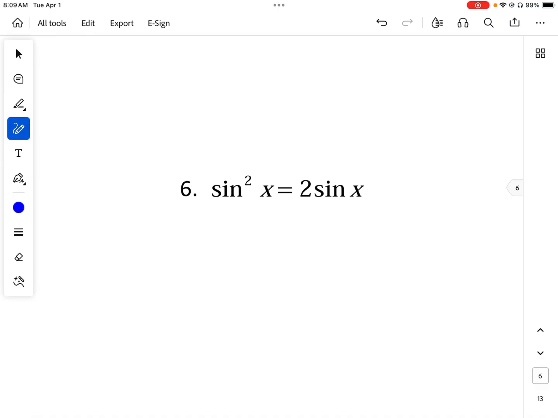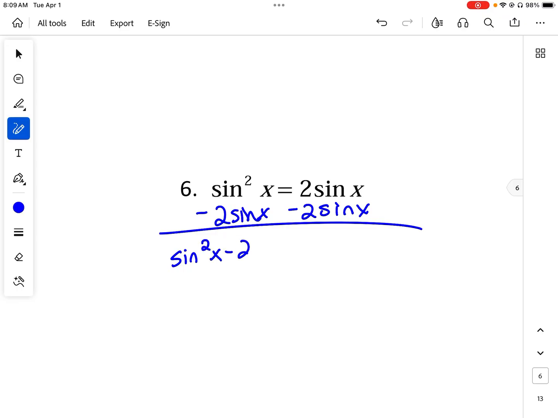Okay, let's go to the next one. But let's go ahead and do this. Sine squared x minus 2 sine x equals 0. Let's go ahead and factor.